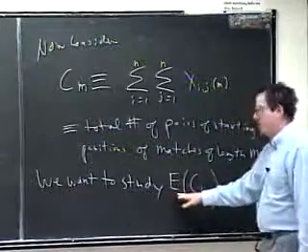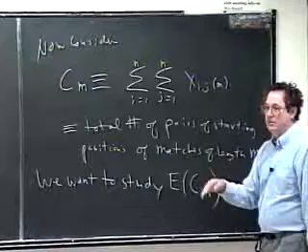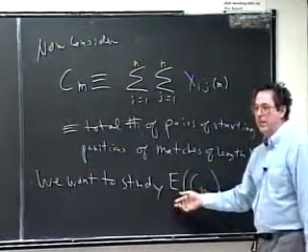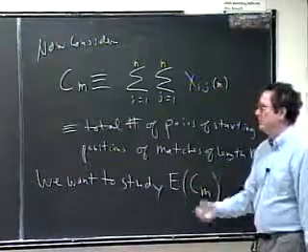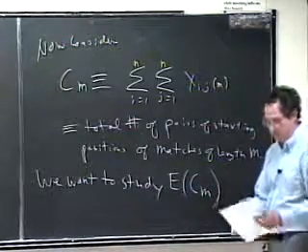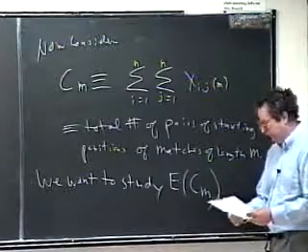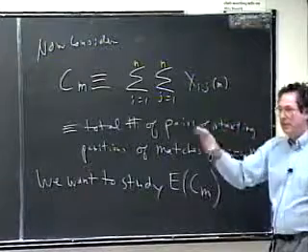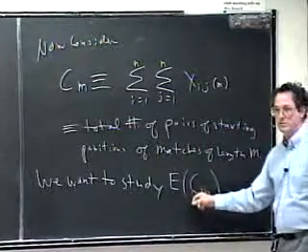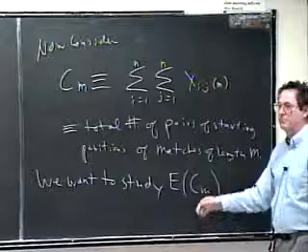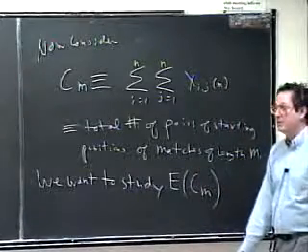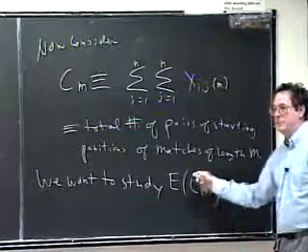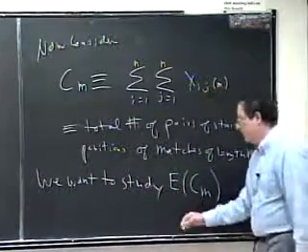Implied in here, by the way, is that they're all of length n and they're generated the way I've said. So I'm not putting in the fact that they're length n, and I'm not putting in the p. That will, of course, come up in the formula. But I'm interested in this: you generate two random sequences of length n, and you figure out what C_m is. Then you do that again, forever, and you take the average over all those. That's the expected value of C_m. So what is that?